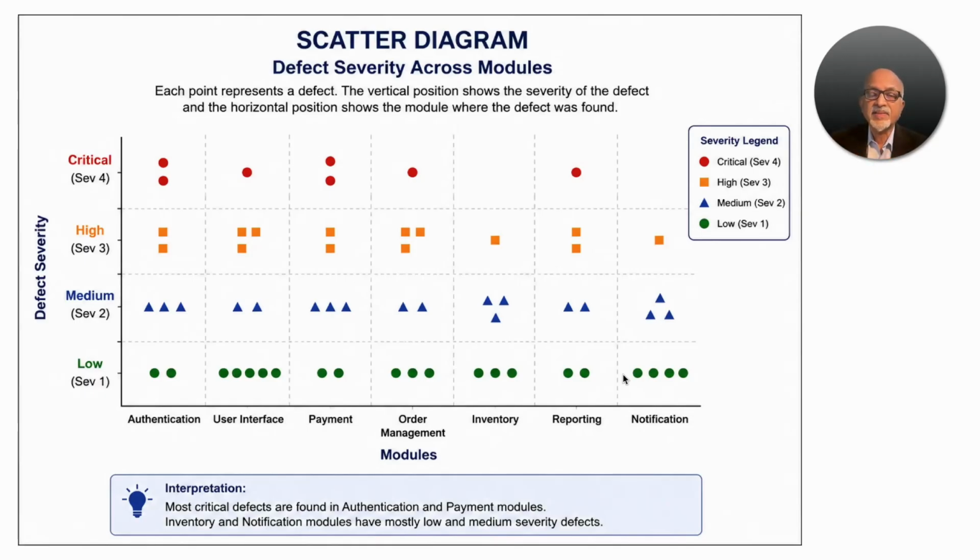In this particular example, the x-axis has the modules, and the y-axis has the severity of defects. Similarly, on the x-axis we can put the team members, so that we can identify who is the biggest contributor to defects. After that, it becomes easier to solve it.